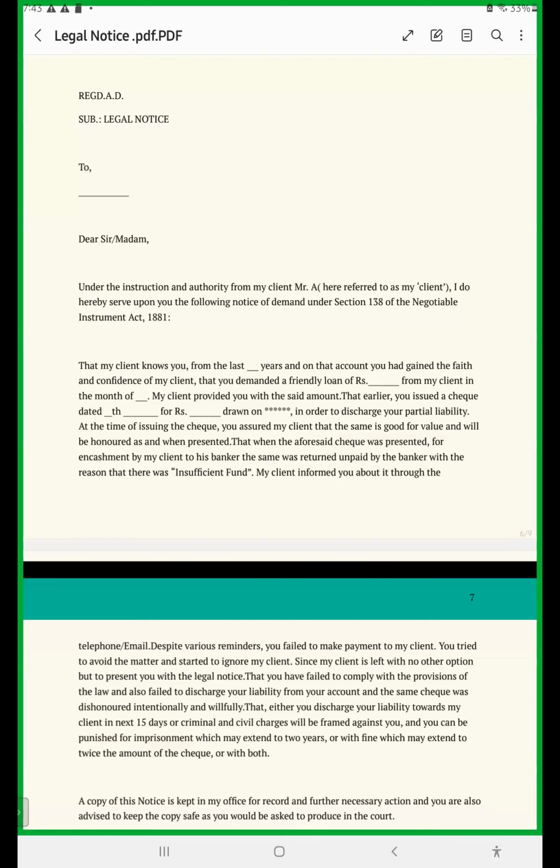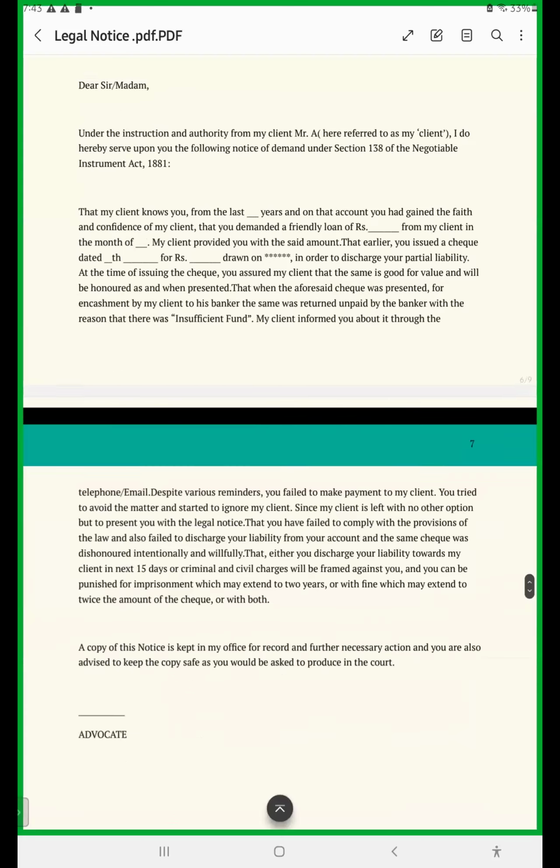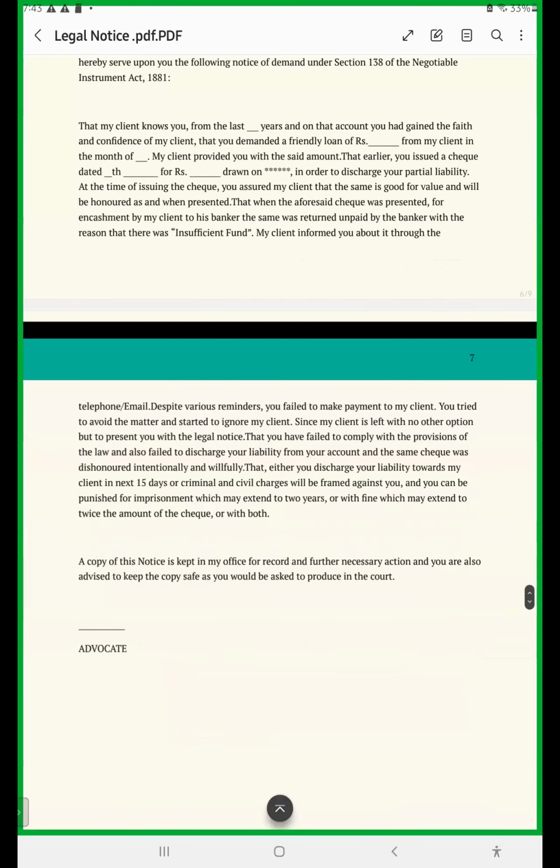My client informed you about it through telephone, email. Despite various reminders, you failed to make a payment to my client. You tried to avoid the matter and stated to ignore my client.